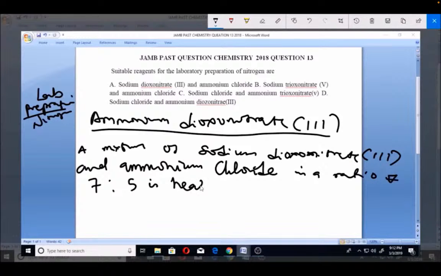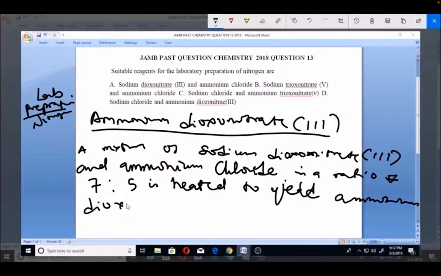And when it is heated, when you heat this mixture, you will yield ammonium dioxynitrate 3.